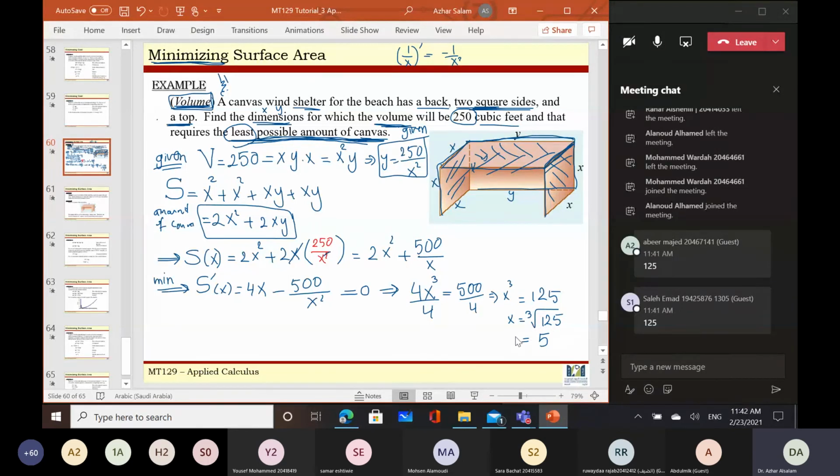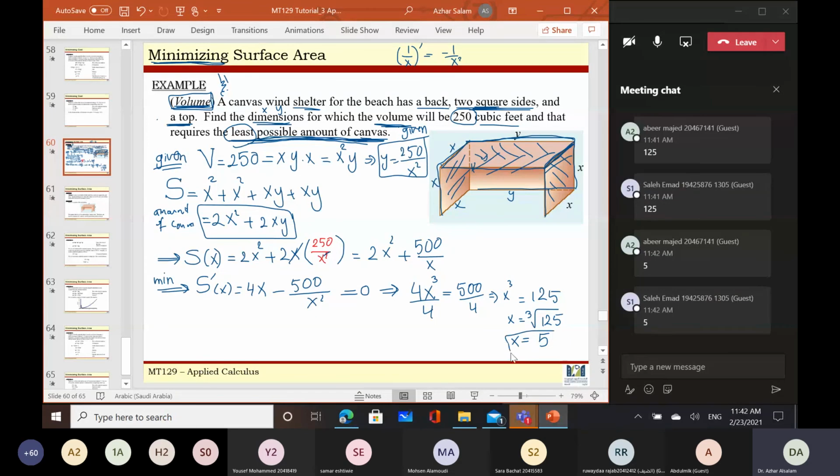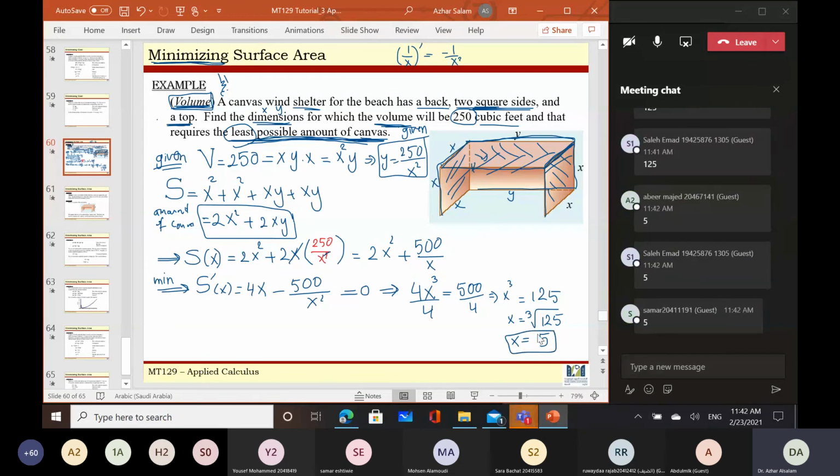So I find the value of x, which is 5. Before completing, I have to check whether it's a minimum or not using the second derivative test. And it will actually be a minimum.